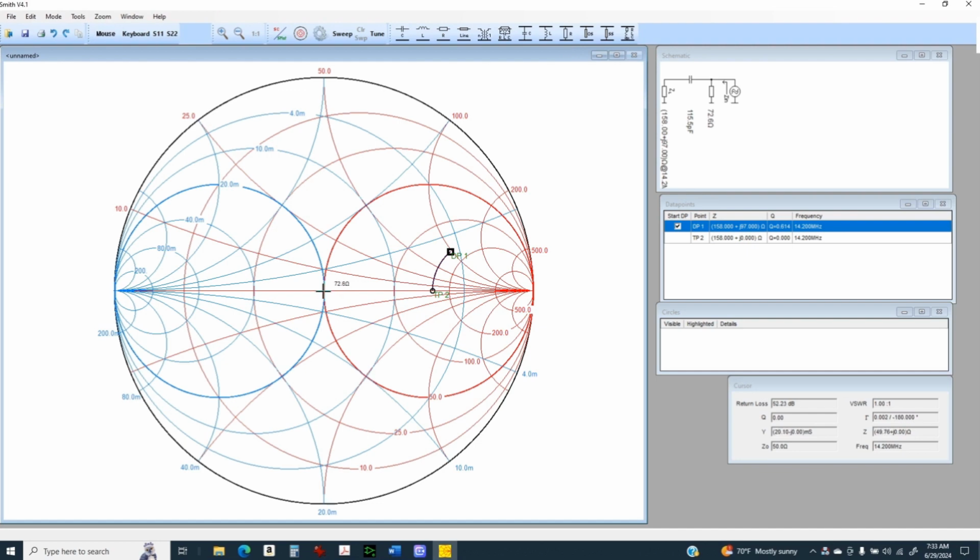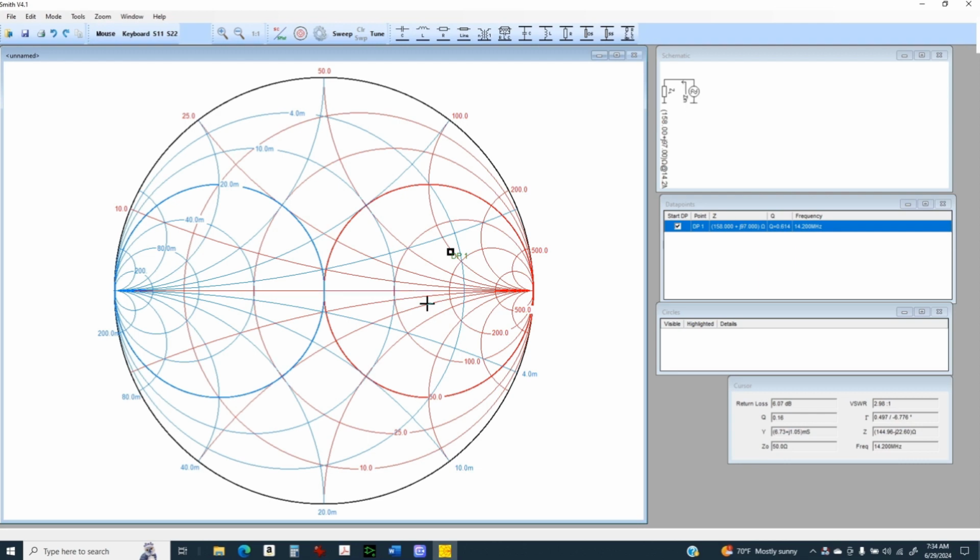We need 73 ohms, almost 74 ohms to get there. If you notice, from this end we needed 50 to get there. Now here in the middle, we need 74. We need more because we're not at the end. Doesn't make common sense, does it? But that's the way it works.